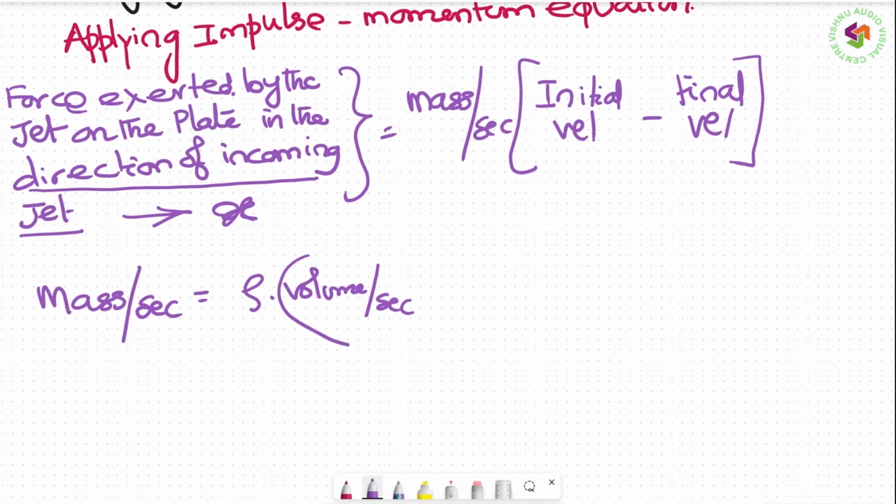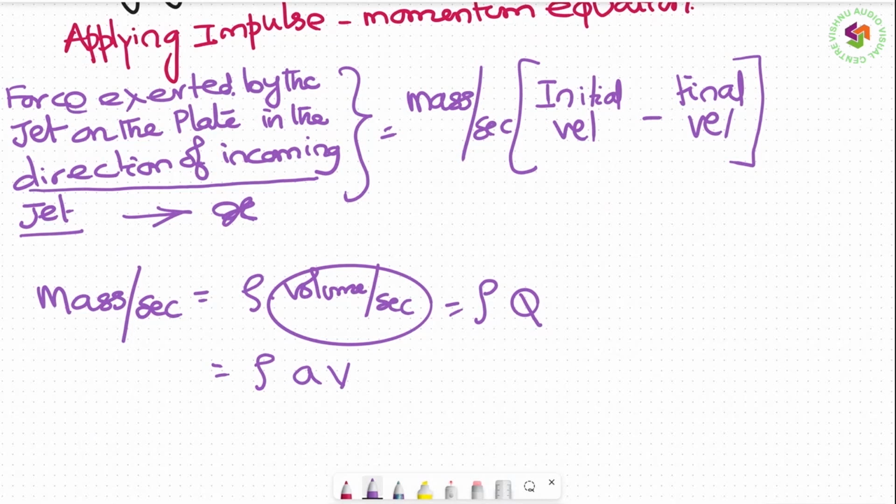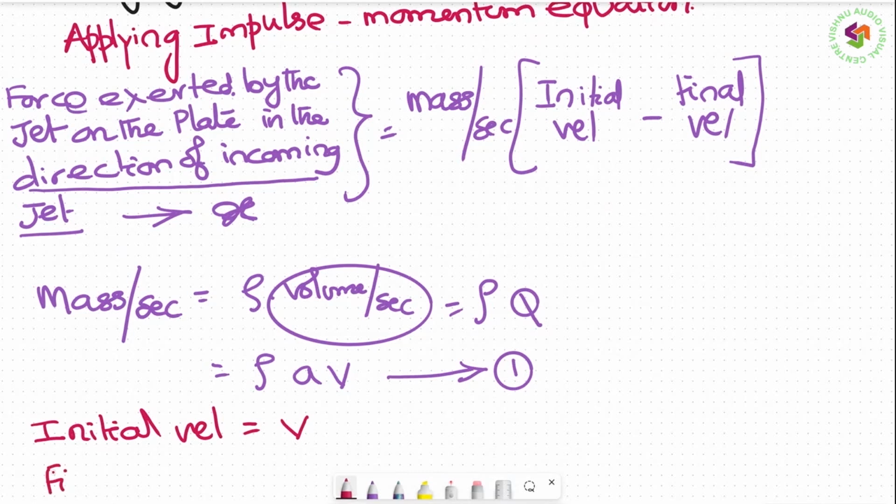This volume per second is nothing but the discharge, rho Q, and Q, according to the continuity equation, you know it, so mass per second is rho AV. This is first. Then what is the initial velocity? In the direction of incoming jet, that is V.